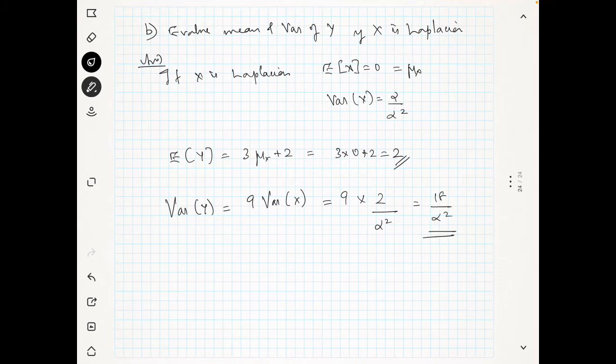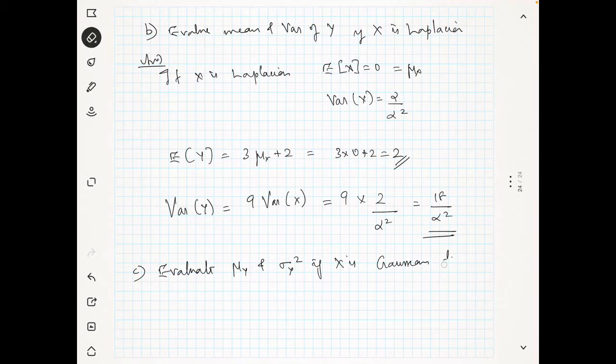That's it. Now the third part of the question is given as: evaluate the mean and the variance of y, sigma y square, if x is a Gaussian random variable, a general Gaussian random variable.